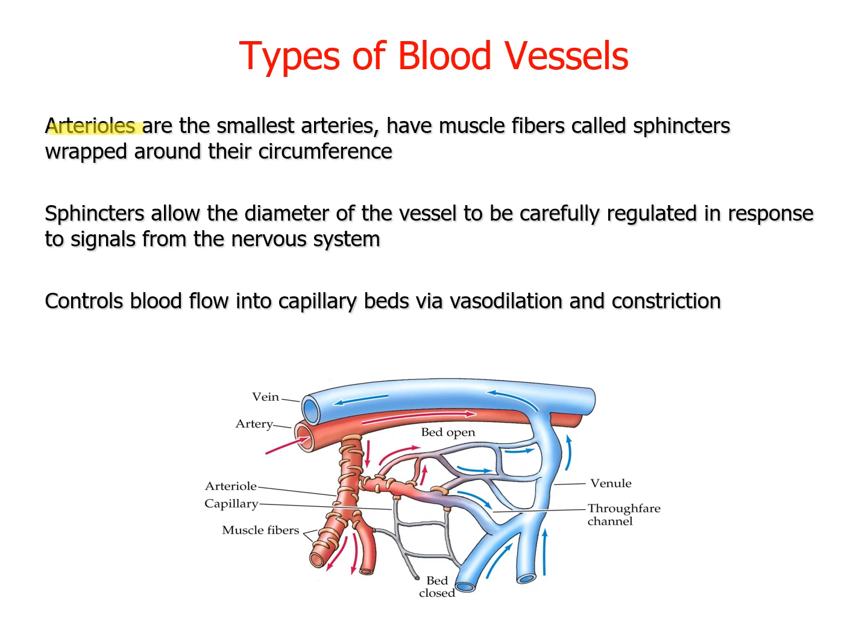It's not a continuous layer of smooth muscle at that level of the vasculature as you had at the artery level, but in different areas you have smooth muscle fibers wrapped around, and they allow the diameter of the vessels to be carefully regulated in response to signals from the autonomic nervous system, either the parasympathetic or sympathetic division, and thus control blood flow into a particular capillary bed via relaxing, causing vasodilation, or contracting, causing vasoconstriction.